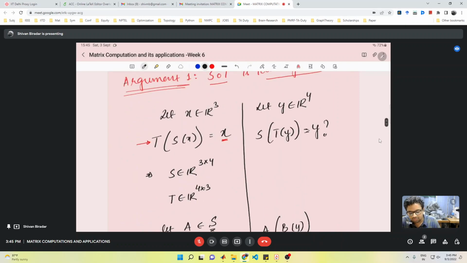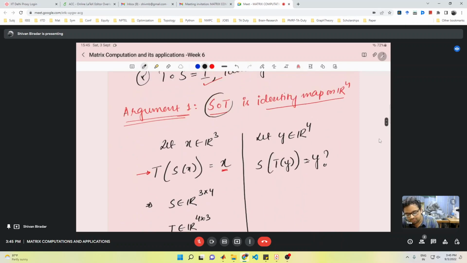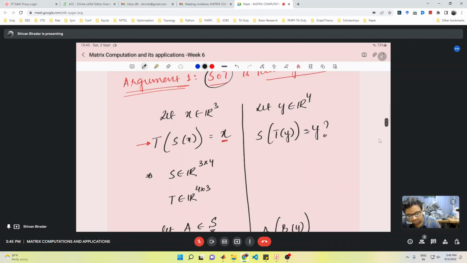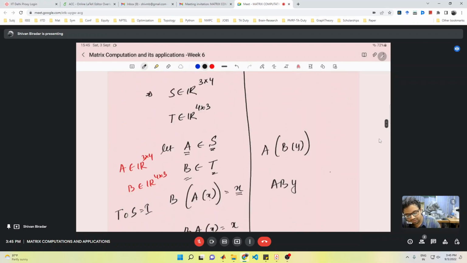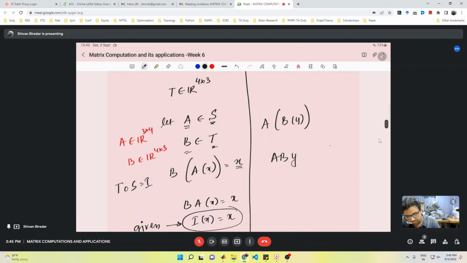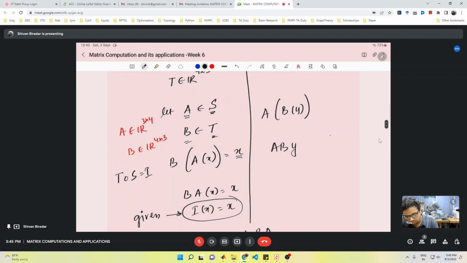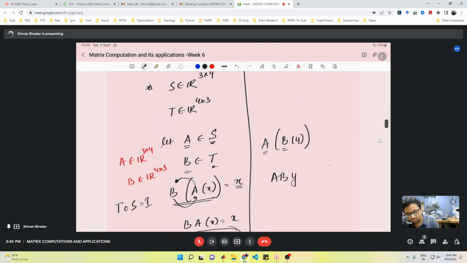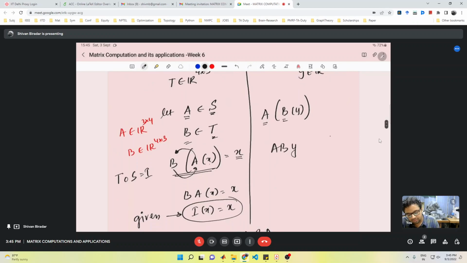Now the question is, is S composition T an identity map? If we invert the position here, taking A here and B here, we would get A into B of Y, where Y belongs to R4. If AB of Y equals Y, is this true?